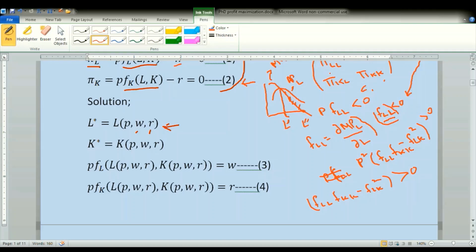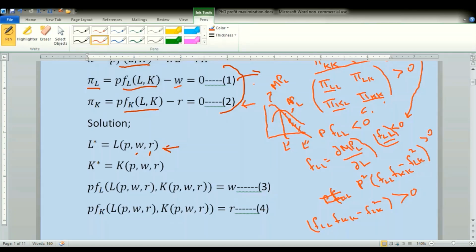Pi LL is equal to FLL, pi KK is equal to FKK. I have already shown this to you. Pi KL or pi LK is equal to FLK squared. See that I have squared because pi KL is equal to pi LK.